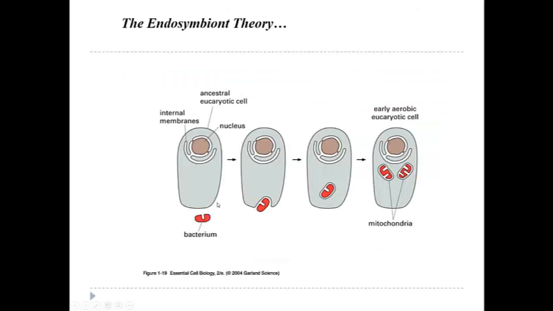So this theory of acquisition of some early prokaryotic cell into an early eukaryotic cell is called the endosymbiont theory, where some relationship of symbiosis, or the coexistence, and perhaps even the co-benefit, or the benefit of both organisms, allowed the mitochondria to persist as part of a eukaryotic cell.